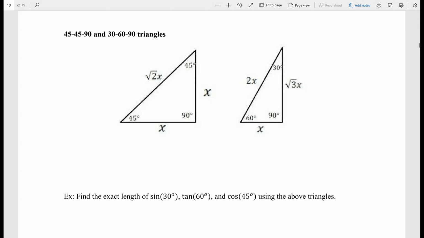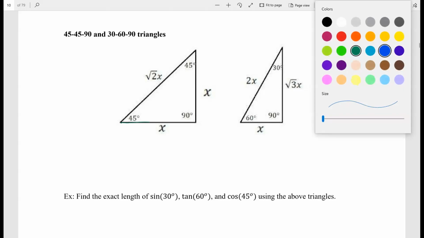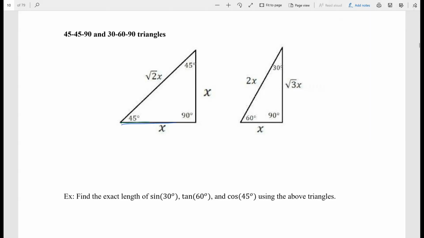Like if you have a 45-45-90 triangle, one way to think about it is that these two sides have to be exactly the same. So this side right here and this side are the same.